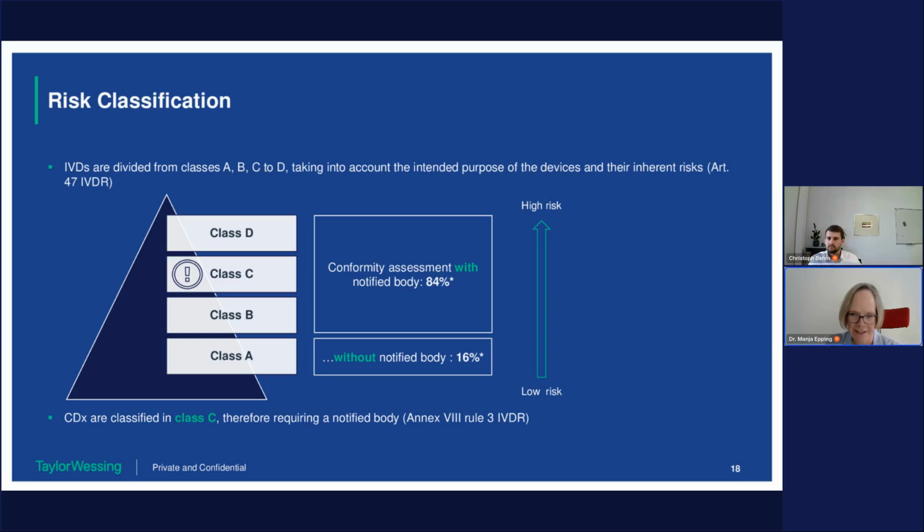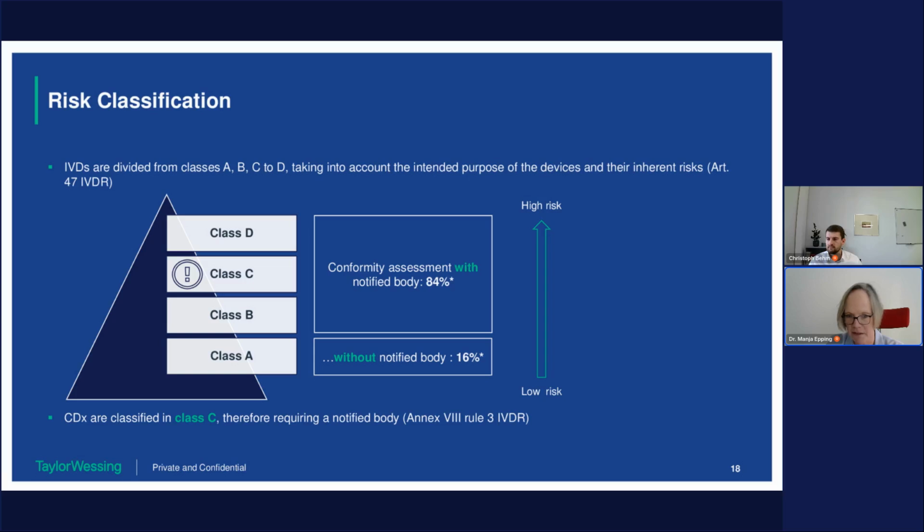So now we enter the regulatory part. In the IVDR, we have four risk classes from A to D. A is the one with the lowest risk, D the one with the highest risk. Only class A can be brought to the market without involvement of a notified body.